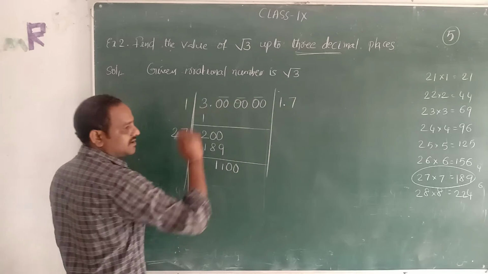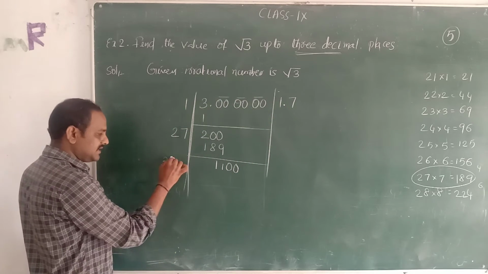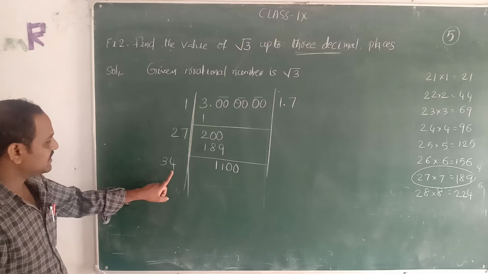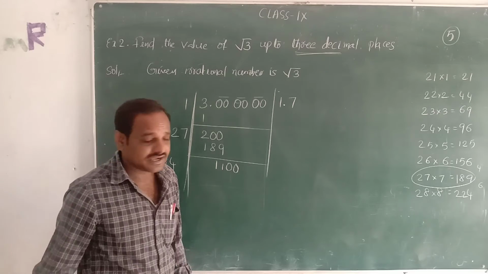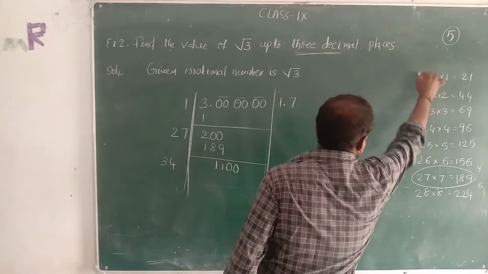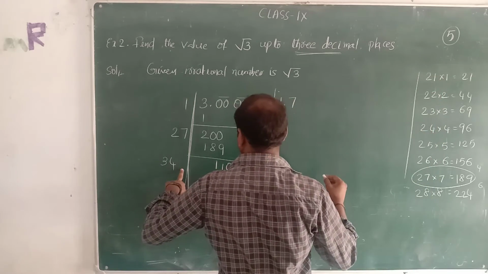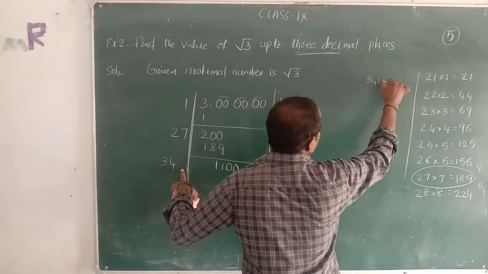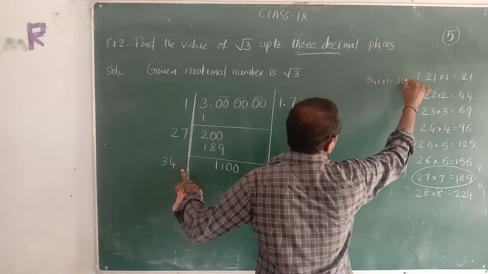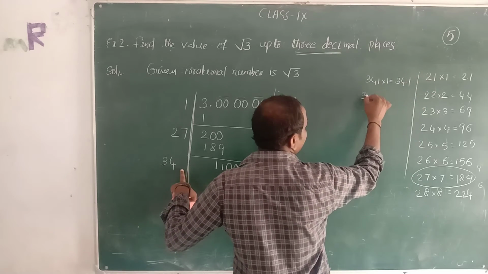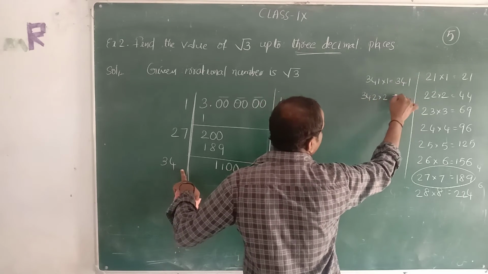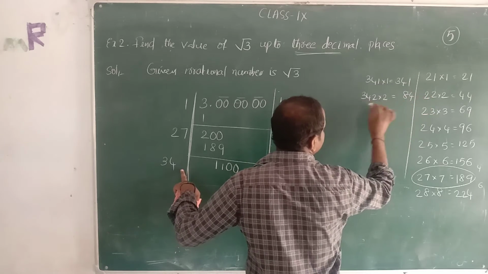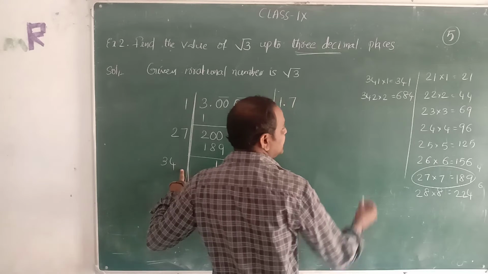27 plus 7, how much will you get? 34. Now with the same 34, here we are going to take how much? If you take 1 here, 1 here also. So 341 ones are 341. 342 twos: 2 twos are 4, 2 fours are 8, 2 threes are 6, so 684.